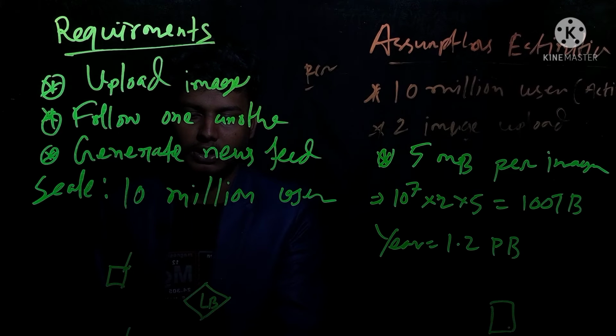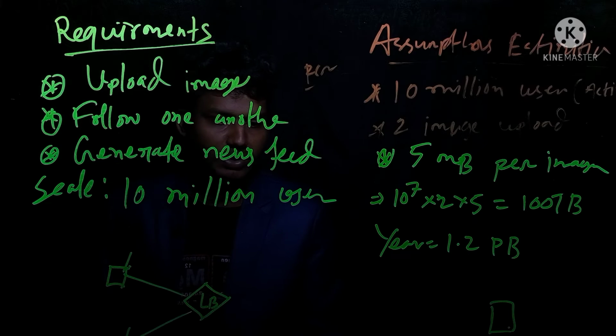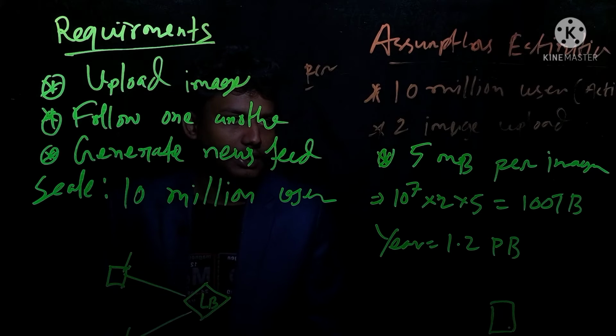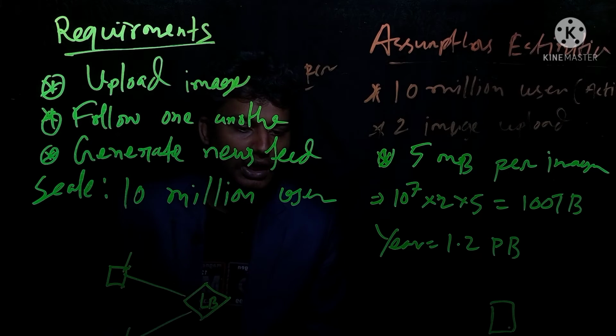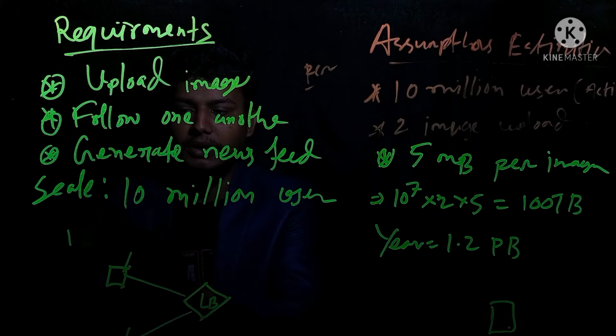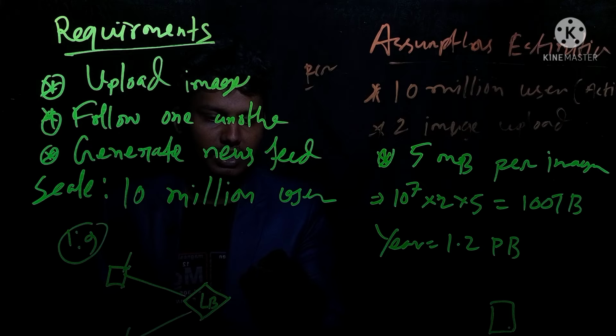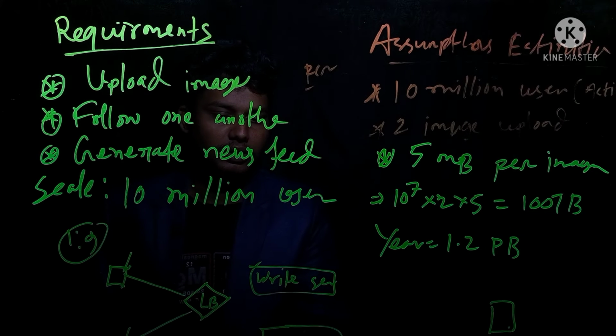These are the users asking the load balancer to serve their requests. As writing and reading are most probably a 1:9 ratio, we will have some write servers, this one, and this one for reading. We will separate this, the read server.